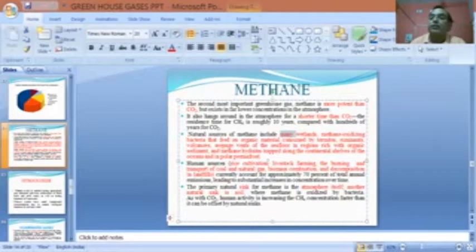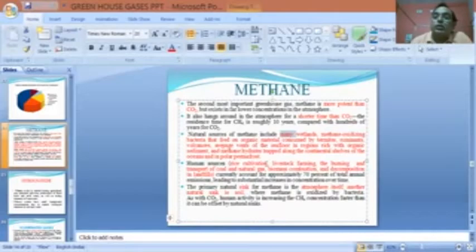And rice cultivation: the wetlands are the natural contributors of methane into the atmosphere, but the rice cultivation field, most of the time, remains covered by a few inches deep water.